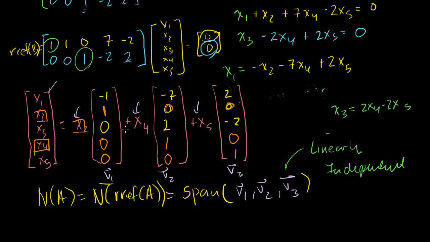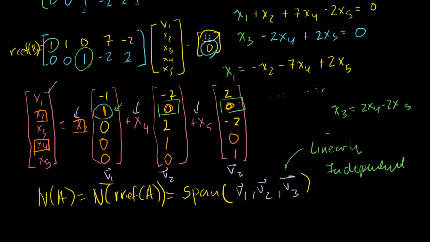So let's just inspect these guys right here. This v1, he has a 1 right here. He has a 1 in the second term because he corresponds to the free variable x2, which is the second entry. So we just threw a 1 here, and we have a 0 everywhere else in all of the other vectors in our spanning set. And that's because for the other free variables, we always wanted to multiply them times a 0, right? And this is going to be true of any kind of null space problem we do.